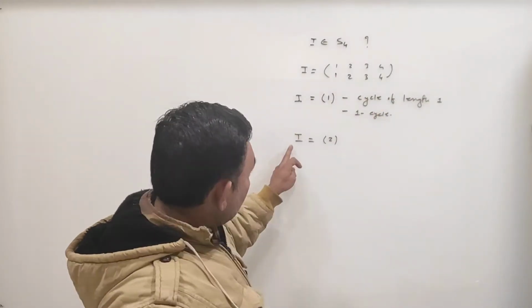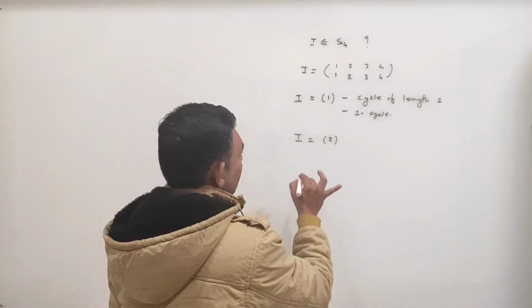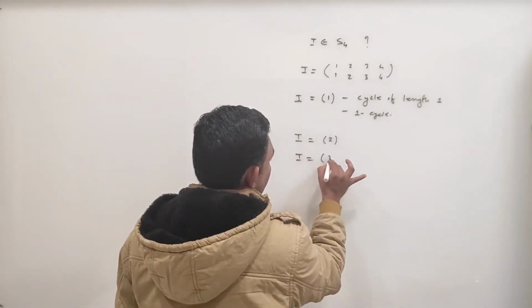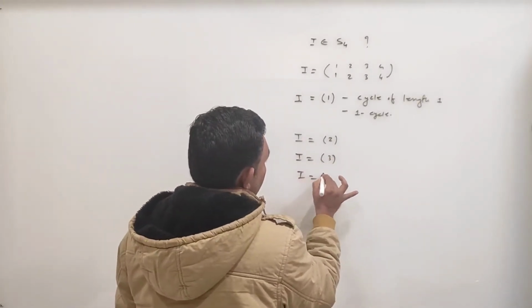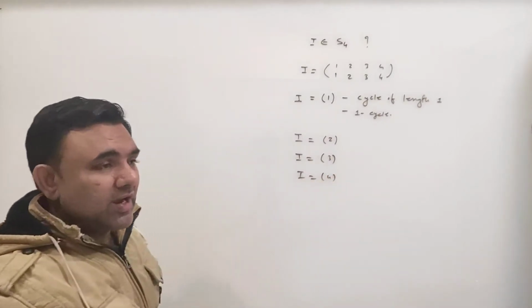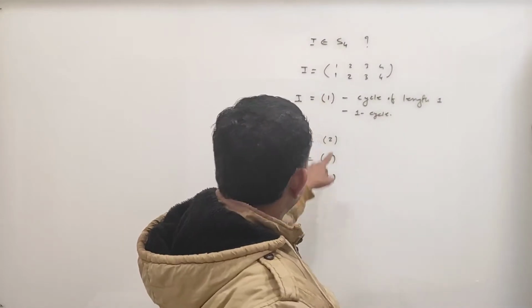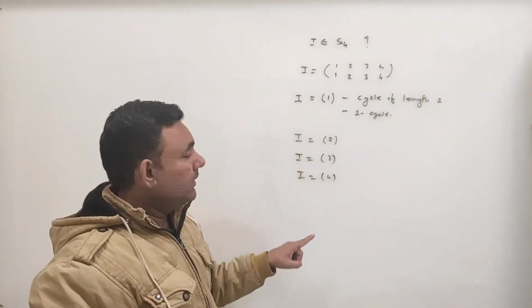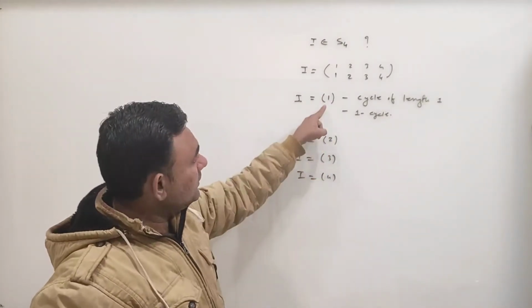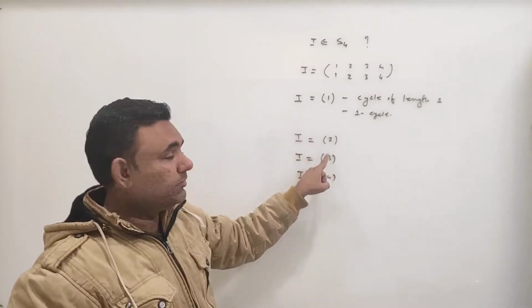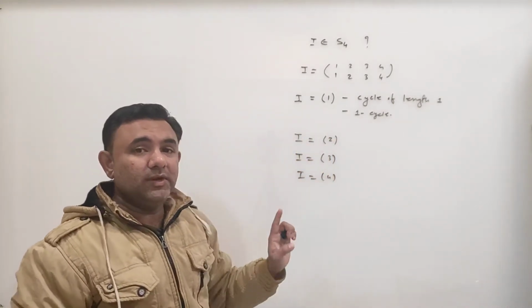So I can write I in this way also. I can write the identity element in so many ways, right? And it is a cycle of length 1 each time.